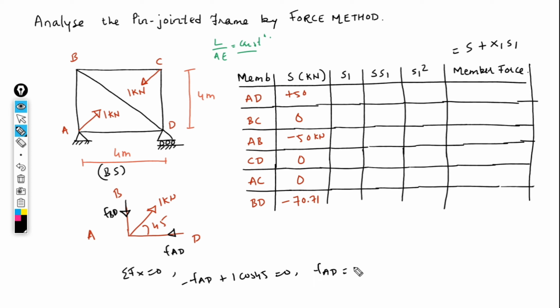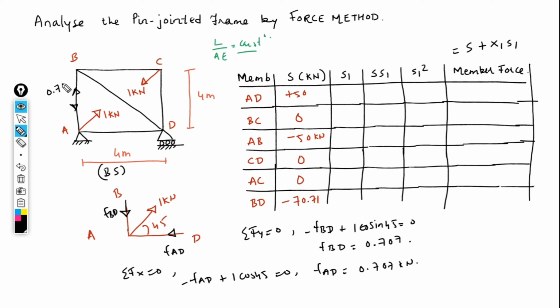FAD equal to 0.707 kilonewton. Similarly, you can find FBD. Apply summation of Fy equal to 0: minus FBD plus 1 sine 45 equal to 0. FBD equal to 0.707.